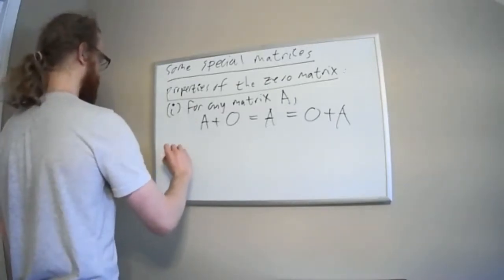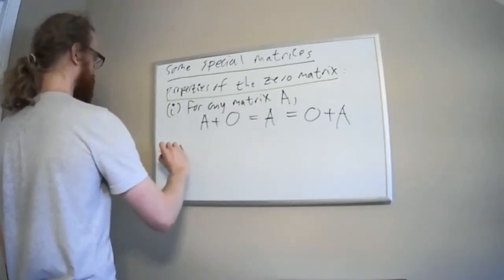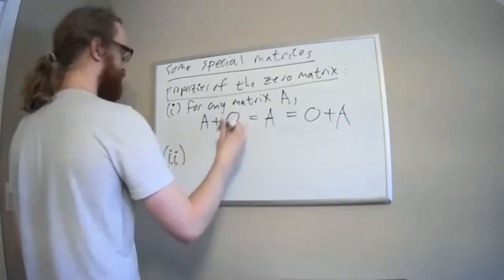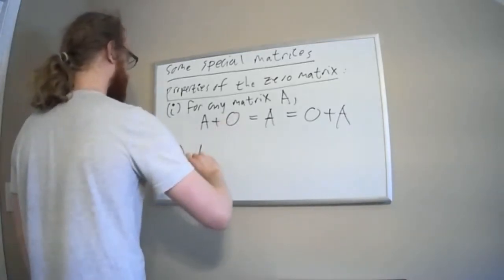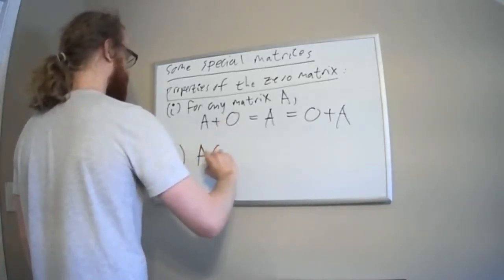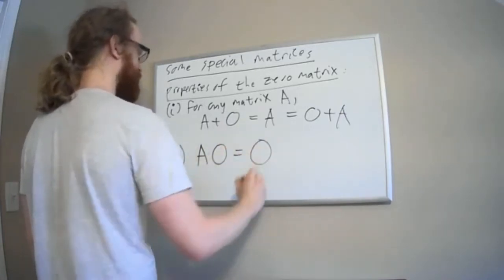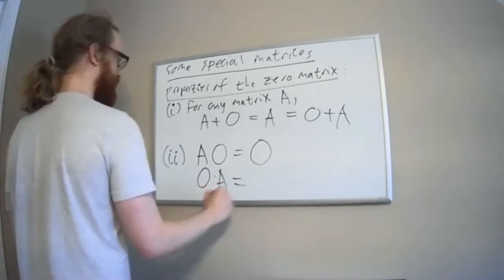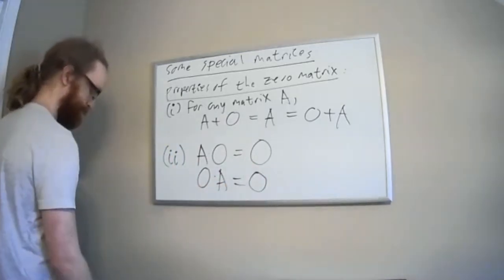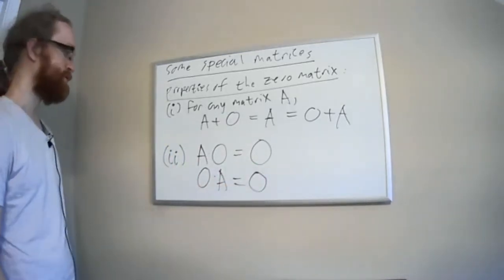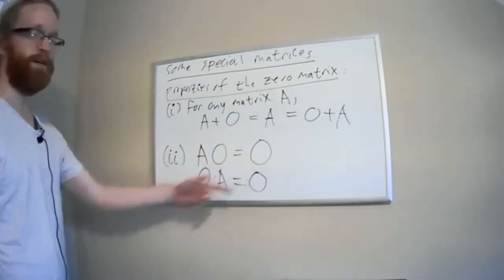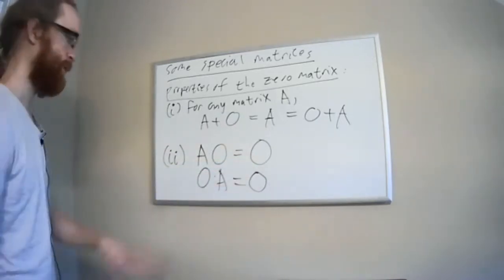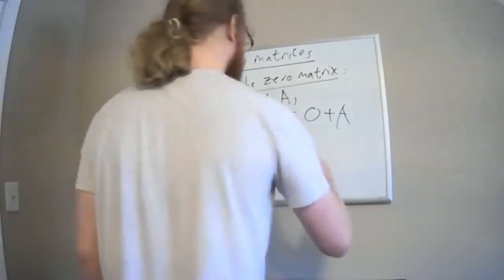Another important property would be that, so long as this is defined, of course, A times the zero matrix is the zero matrix, and the zero matrix times A is also the zero matrix. So if I'm multiplying by a matrix that has all zeros in it, then I'm going to get a matrix that has all zeros in it, wherever this makes sense.